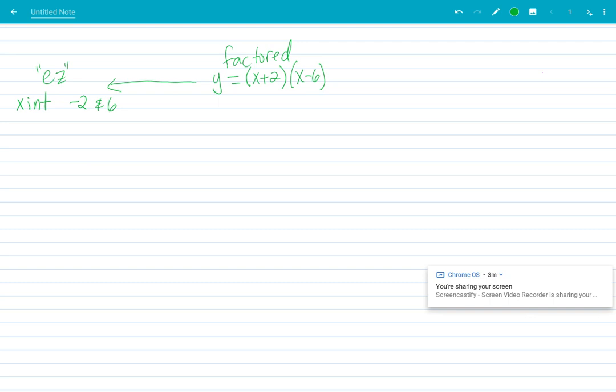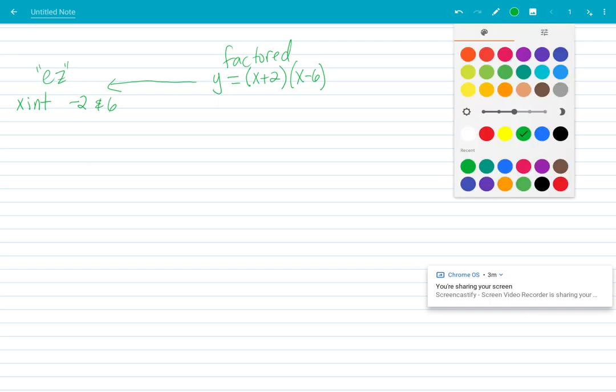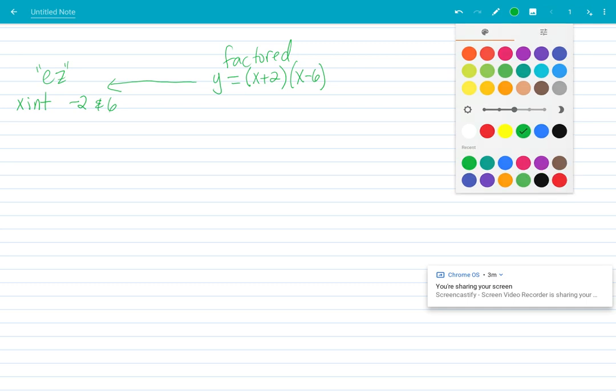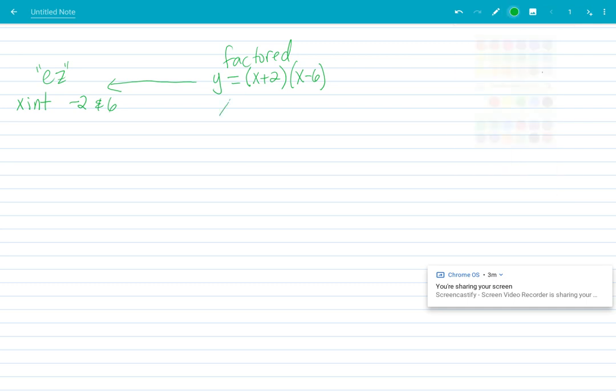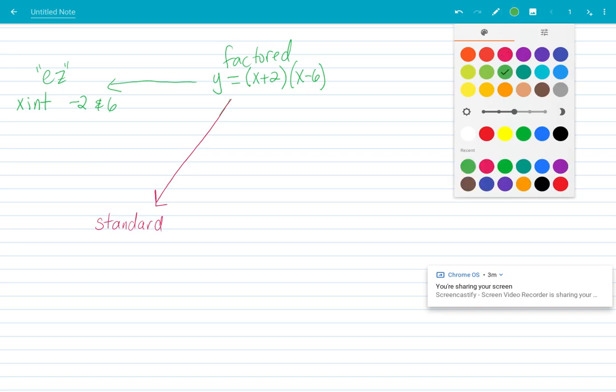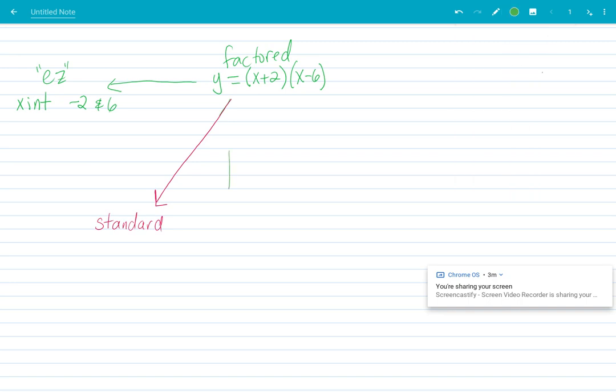All right, next. Let's convert this to standard form. I heard Travis say we can do the box. So we need to make a box, right? x plus 2 and x minus 6.